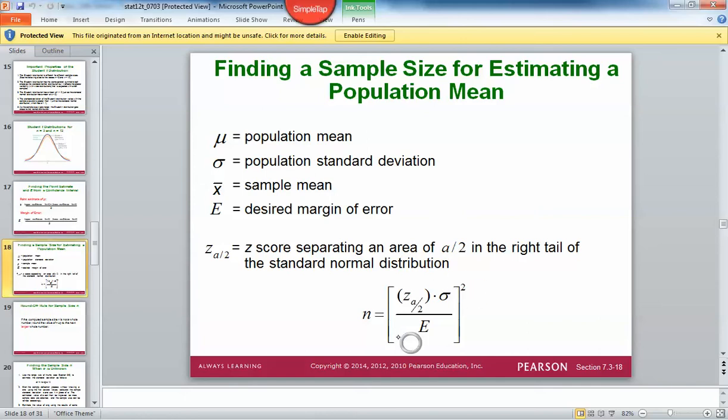Now if we want to find a sample size for estimating the population mean, then we use this formula. So n equals z sub alpha over 2 times sigma divided by e.